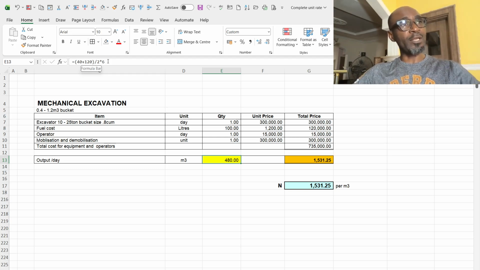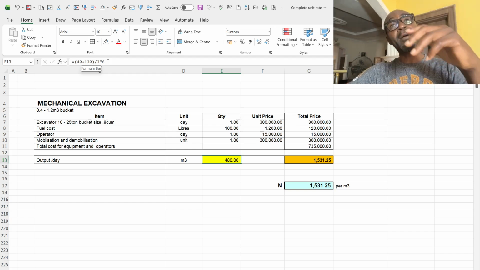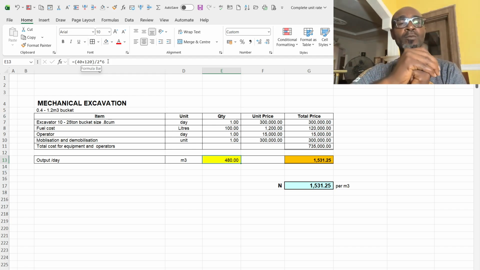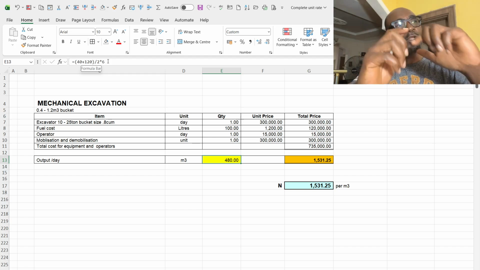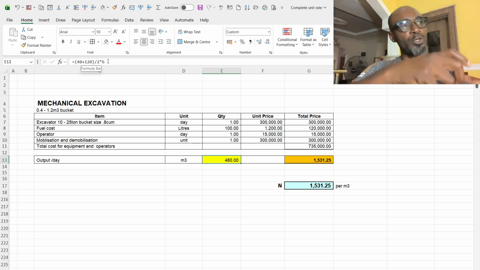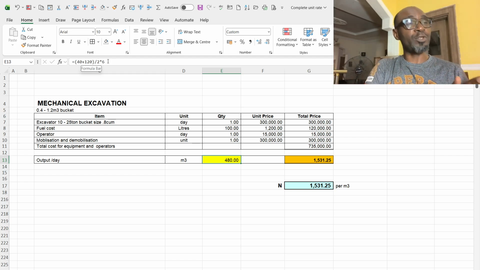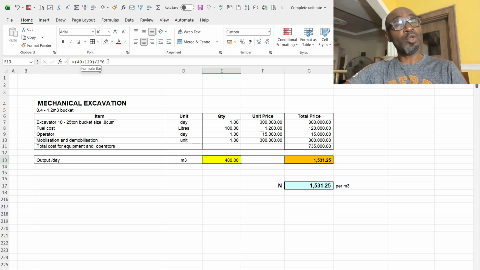Then the truck will take it to a nearby spoil hill where it will either be brought back after the concrete work is done. So by the time he loads the truck and the truck is leaving, another one is coming to position itself, the excavator will be idle. It will be idle until the truck has positioned itself before it goes on to dig and load again. So there is idle time.